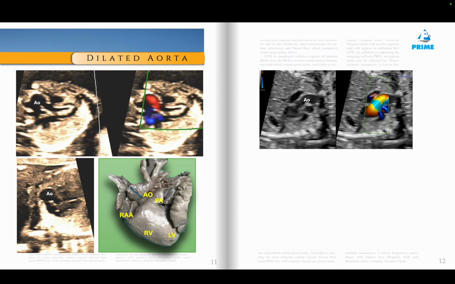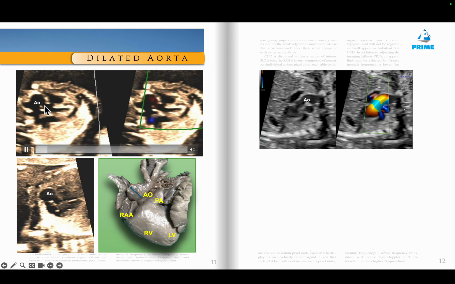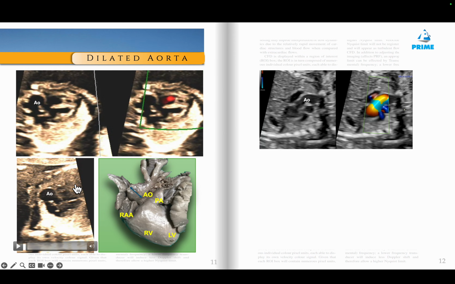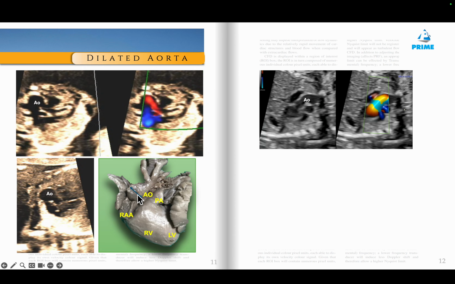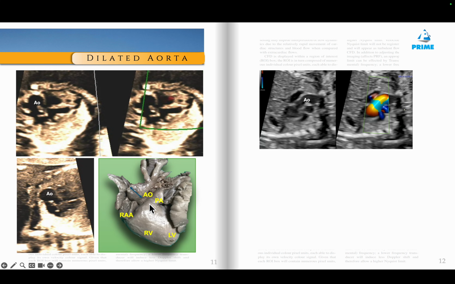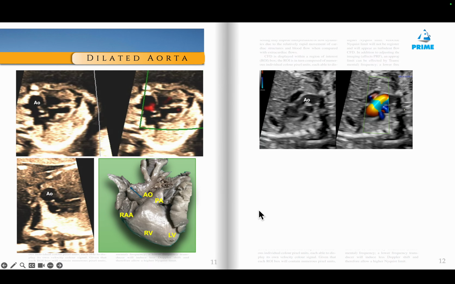Dilated aorta could be because of just a solitary dilatation, a little beyond the proximal part of the aorta before the ascending aorta starts, and that's the pathological specimen of the same patient. You had a dilated aorta, and the most common reason for dilated aorta is a bicuspid aortic valve.